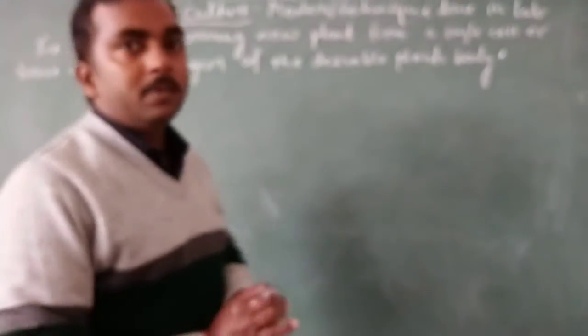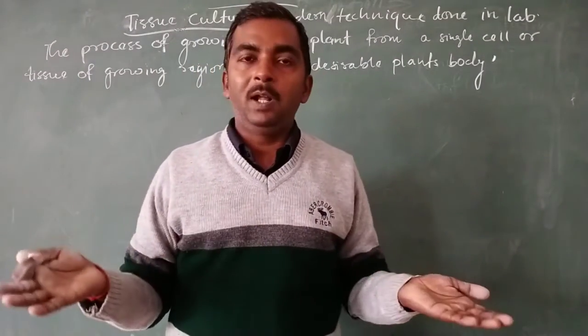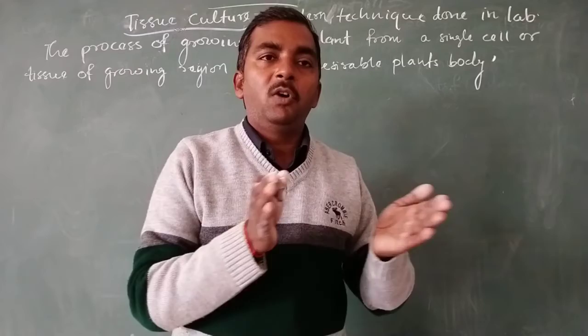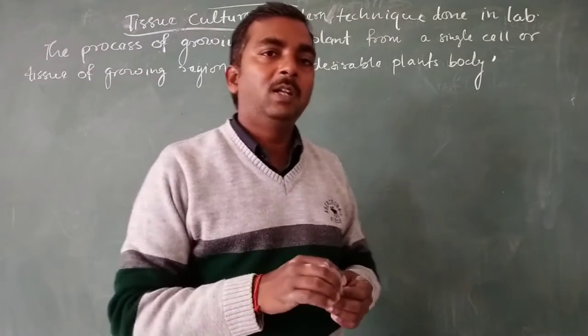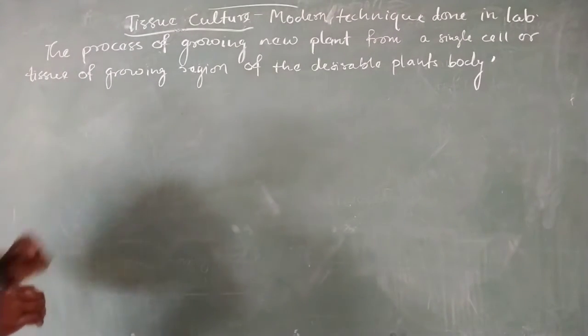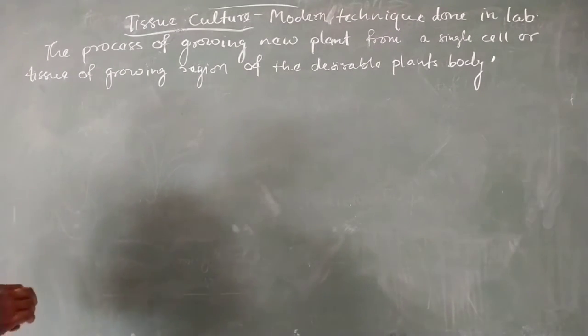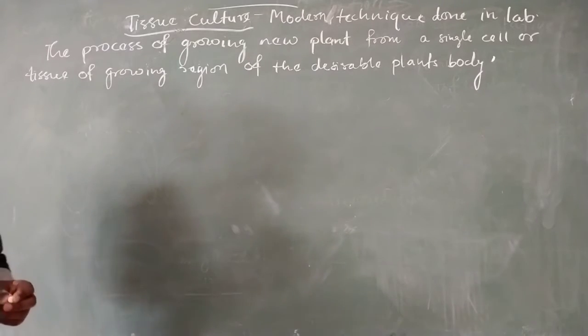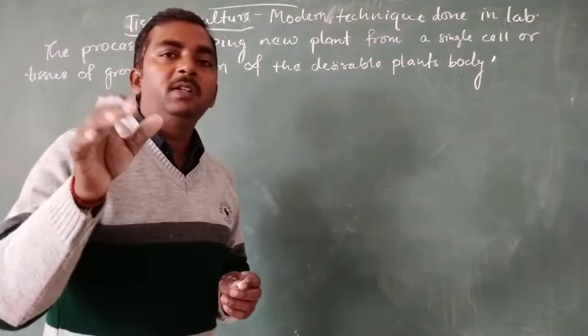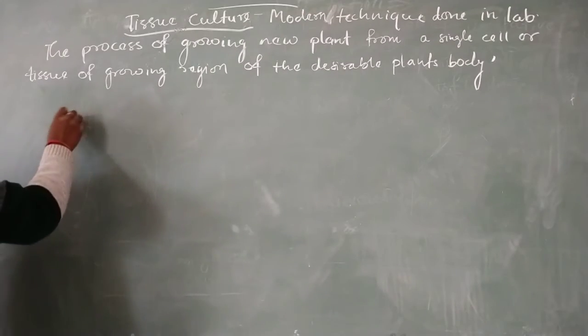From that plant we can grow a lot of plants with the same features, the same desirable character. So tissue culture involves the propagation of a number of plants in a short period of time with a maximum viability rate. The viability rate is high.